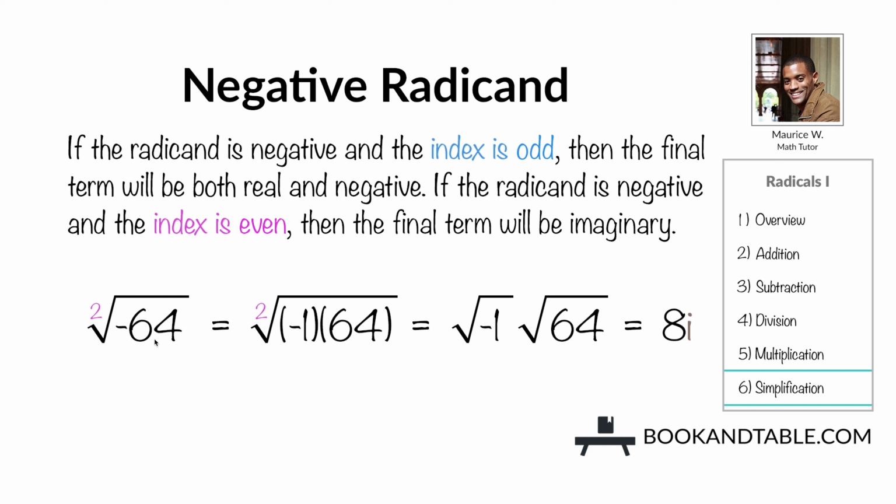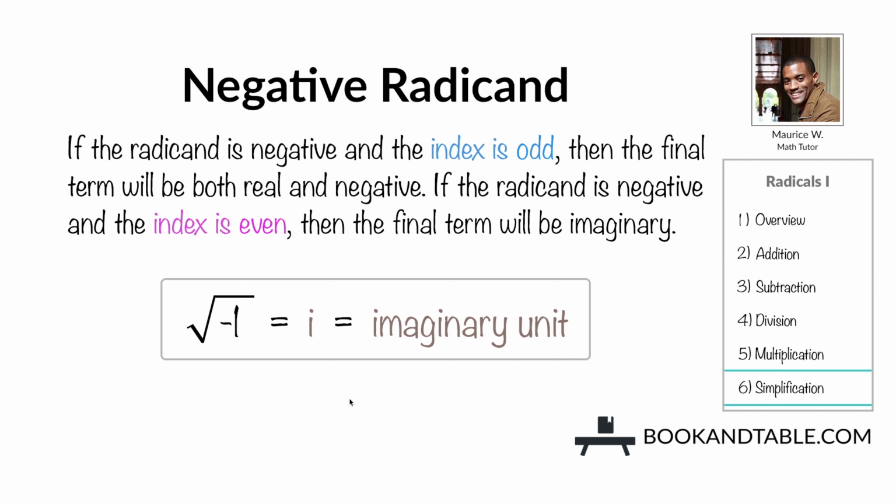So the square root of negative 64 is 8i. Right? This is imaginary. So this is how we deal with negative radical terms. We extract the negative value, and the square root of negative 1 is equivalent to i. The square root of negative 1 is equal to the term i, which is our imaginary unit.